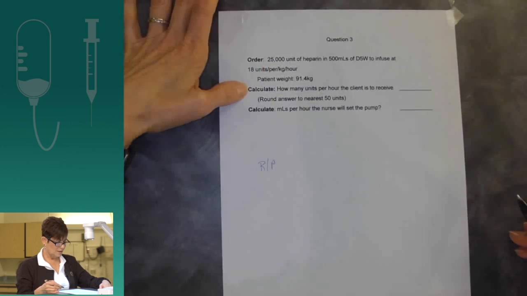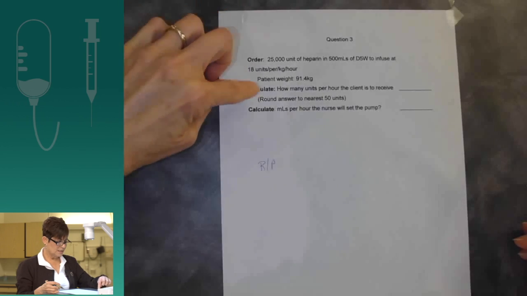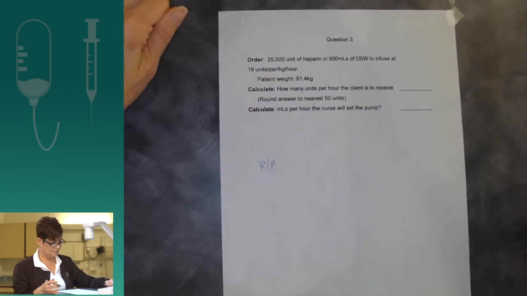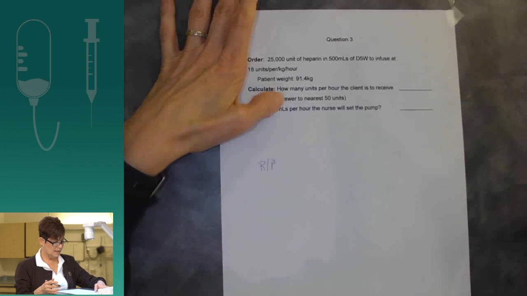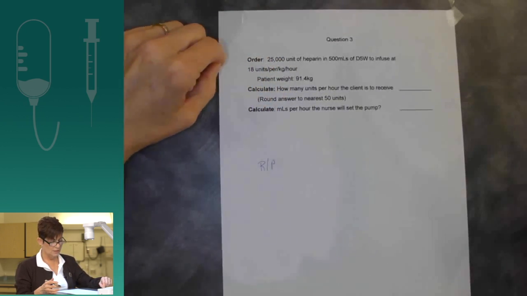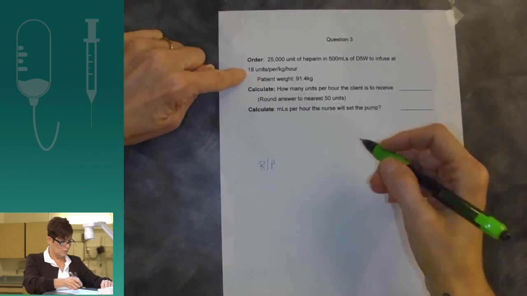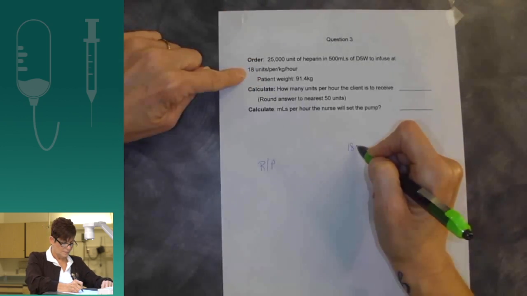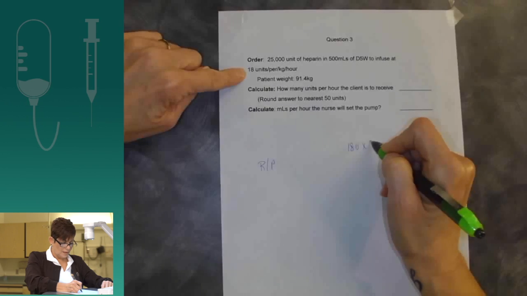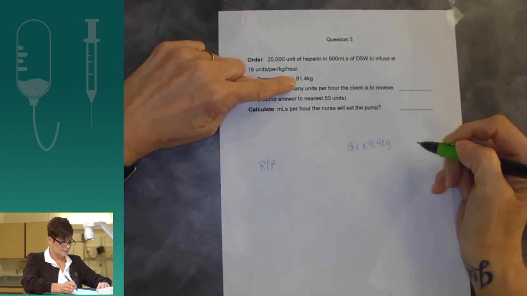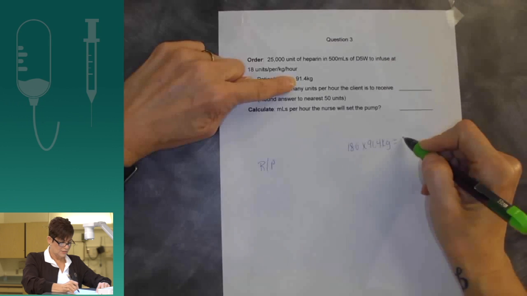So the first part of this calculation, we need to know how many units per hour the client is going to receive. And then it says to round our answer to the nearest 50 units. So the first part of this, we know that we need 18 units, and we need to multiply that by the 91.4 kilograms in order to get this calculation.